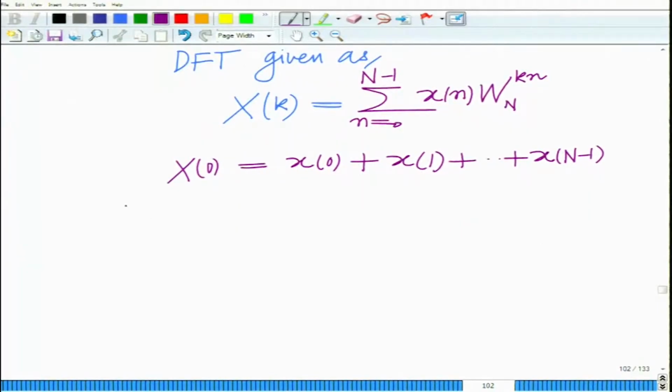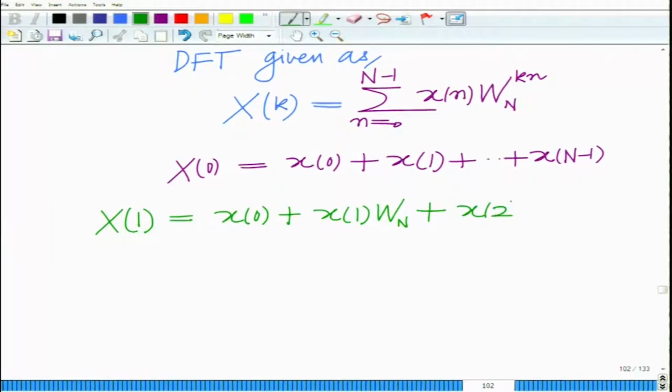So, this will be 1. Similarly, X1 will be x0 plus x1 times Wn, k equals 1, n equals 1, plus x2 Wn square, k equals 1, n equals 2, plus so on, xn minus 1 Wn raised to n minus 1.